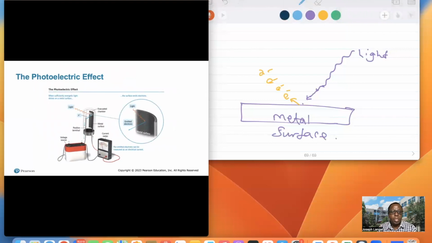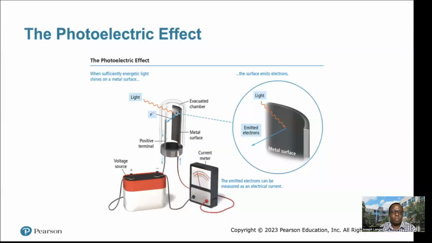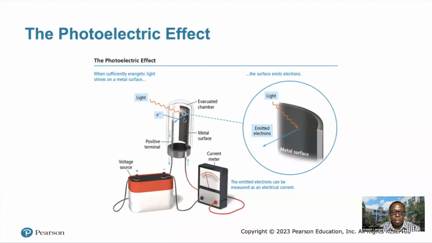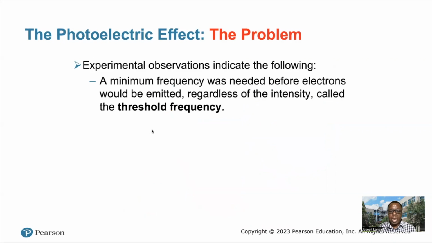Before we look at that, this is just what happens in the photoelectric effect: a light source, electrons hitting the surface of a metal, ejected and sent to some detectors. Light strikes the metal surface, electrons are ejected. They were saying that if we increase the intensity, more electrons will be ejected, but it turns out that it had nothing to do with the intensity.